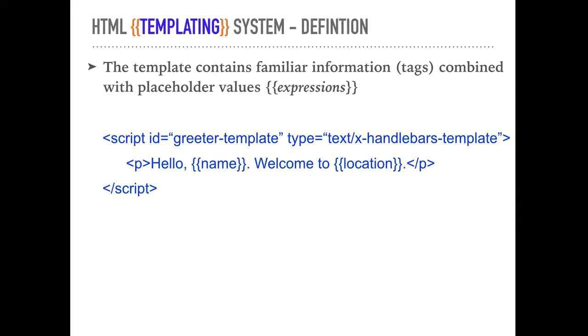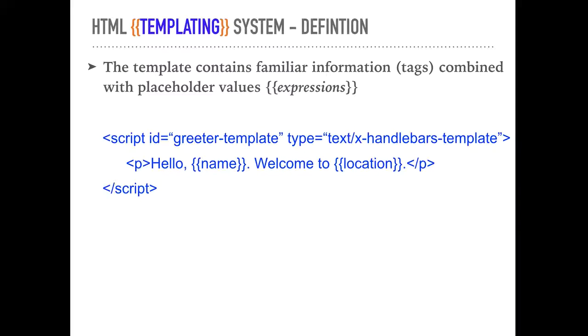So even though we're within a script tag, that script tag is going to be primarily for Handlebars. That's what Handlebars wants. And in this sample, we have a p tag, just like we normally would in our HTML. It says, hello, double curly braces name, welcome to double curly braces location.